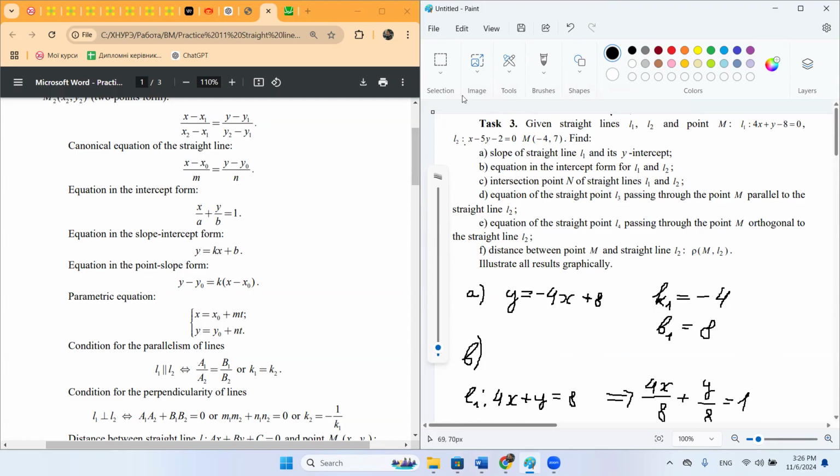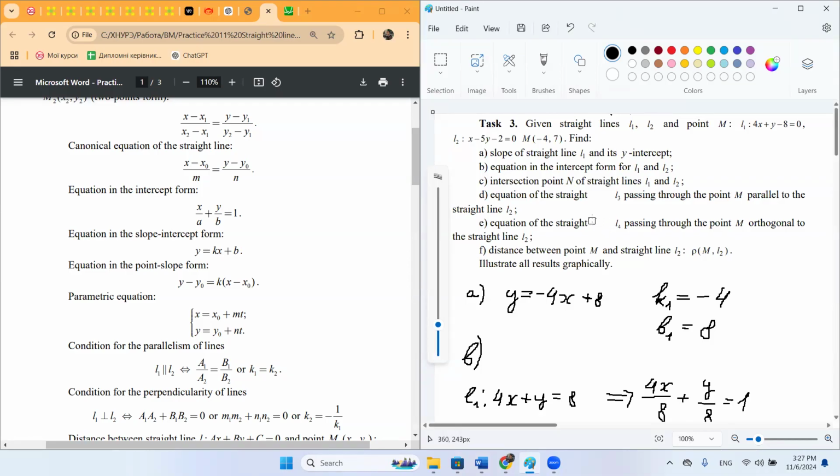So the next task is to write down the equation of the straight line. By the way, there is a mistake here, not points but lines.